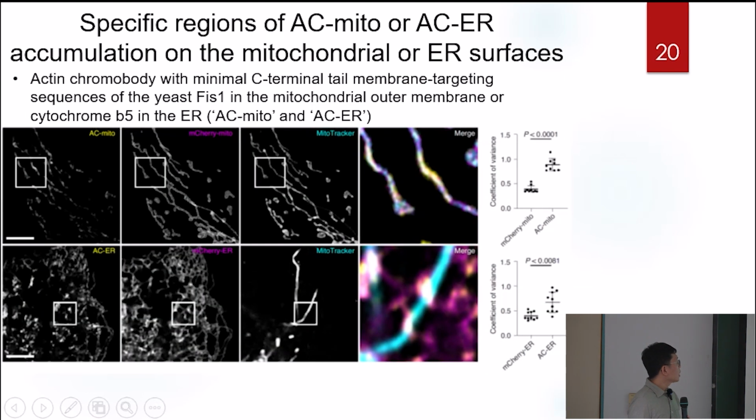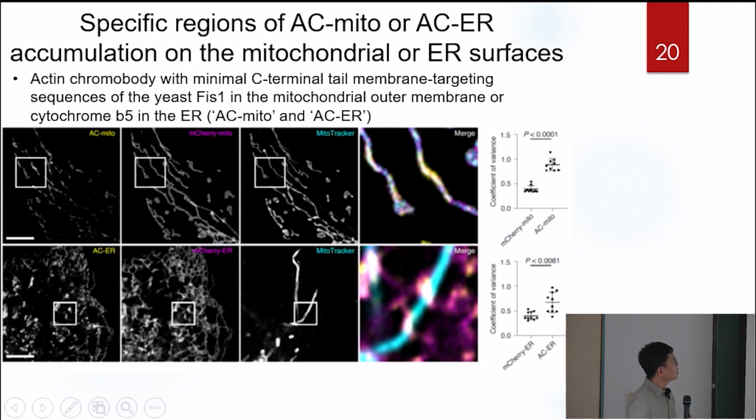Okay. So this is a good method to study the interaction between actin and the organelles. They developed two versions. One is AC-mito, which is mitochondria-interacting actin, and the other is ER-interacting actin, AC-ER.